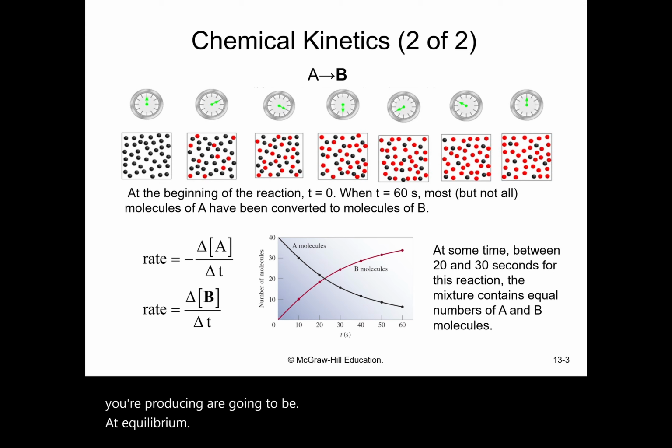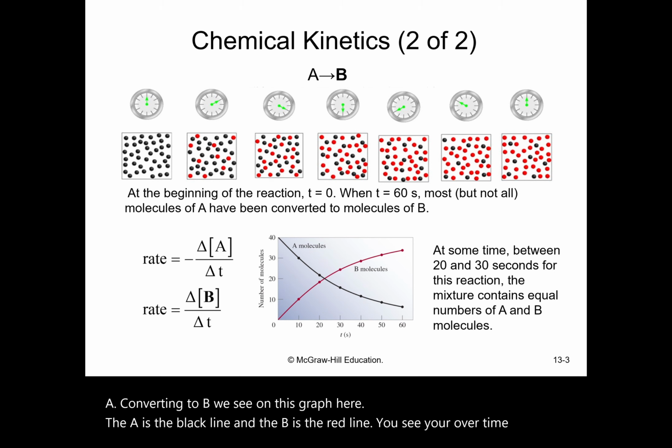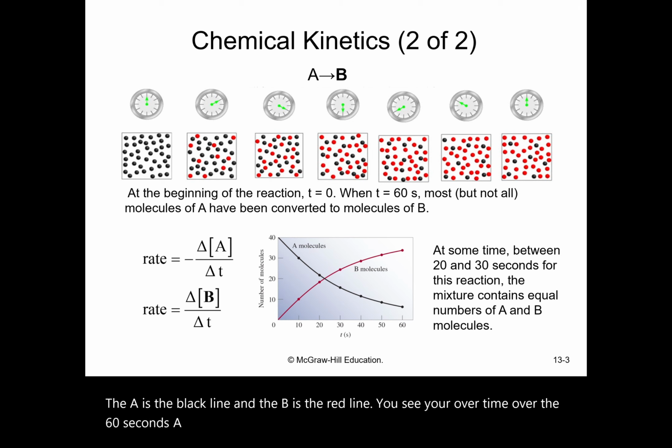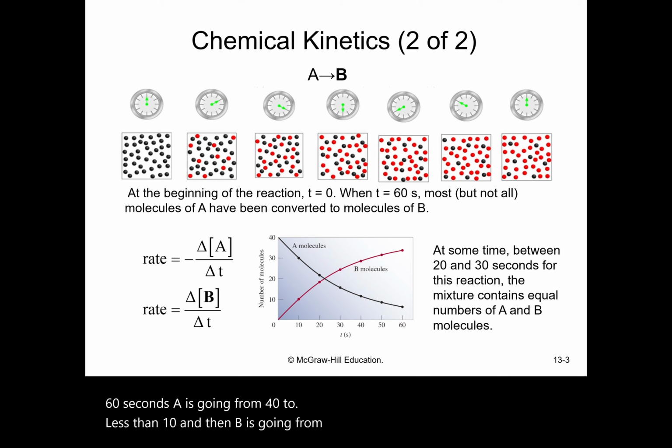So for this reaction, A converting to B, we see on this graph here, the A is the black line and the B is the red line. Over the 60 seconds, A is going from 40 to less than 10, and B is going from 0 to a little bit above 30.